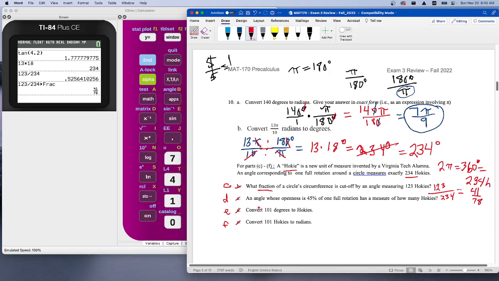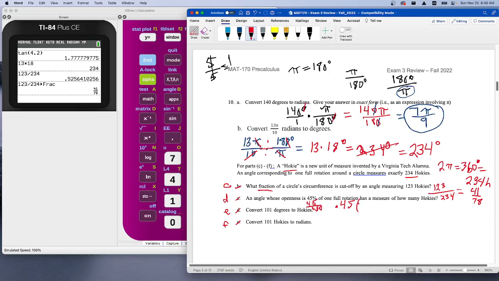So then an angle whose openness is 45% of one full rotation has a measure of how many Hokies? Well, 45%, it's not 45 degrees, 45%. We would multiply by 0.45, because 45% is really 45 over 100. And what are we multiplying by?